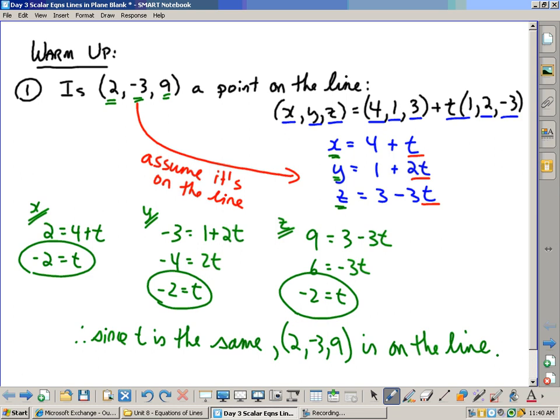But in our particular example, it is. If you plug in negative 2 into this equation, you're going to spit out (2, -3, 9). So that's how we find out if a point is on a given line.